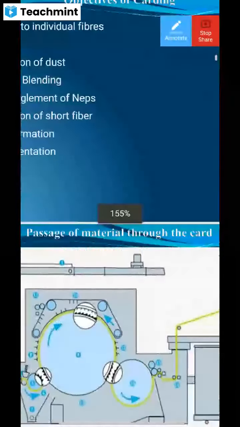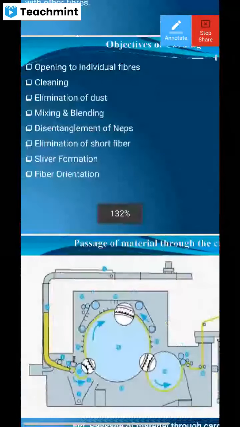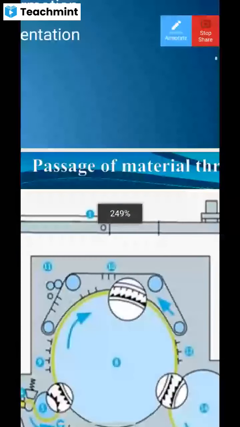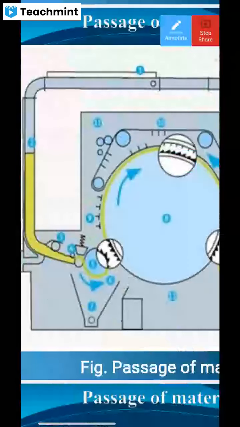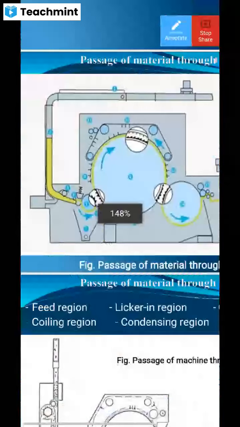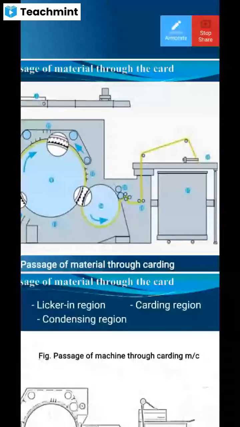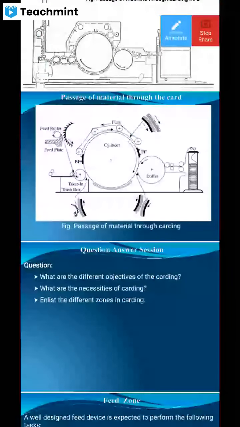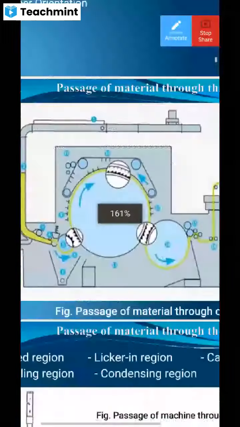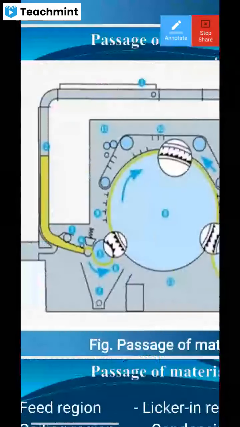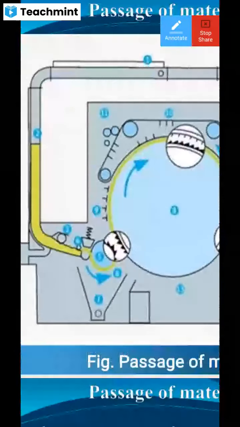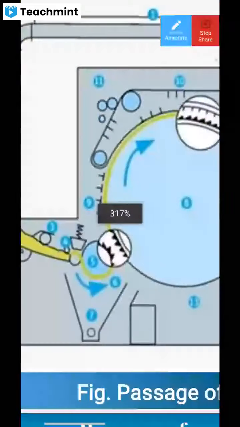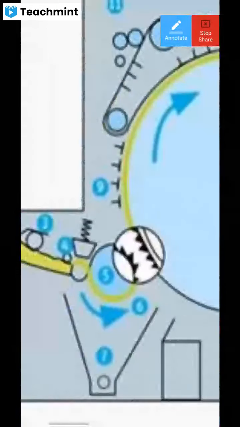Now you see the schematic diagram, the line diagram of carding machinery. Give the part names also, you refer to it separately. Here you see the different zones. Here you clearly understand this area, I enlarge this area.